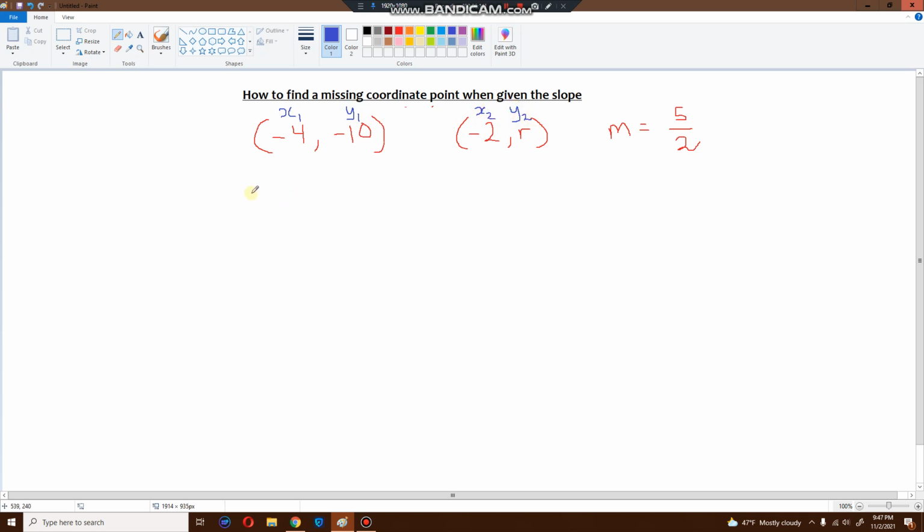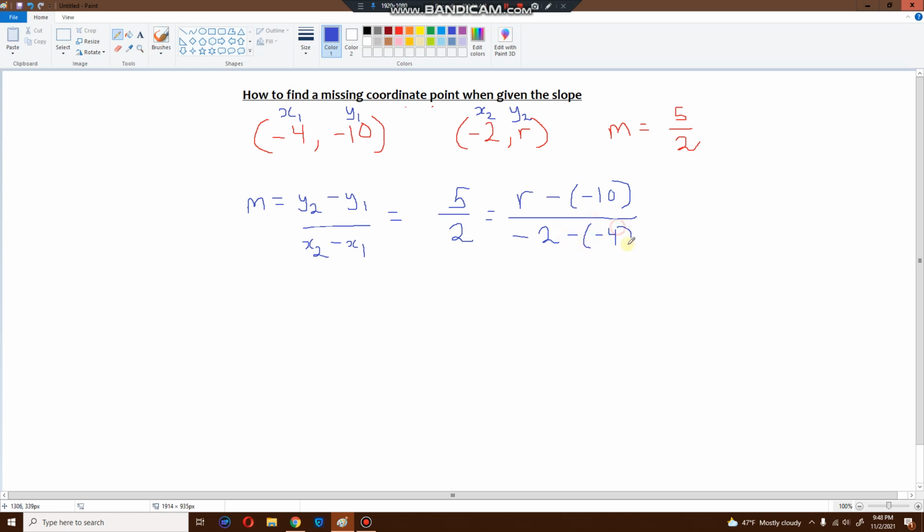Step 2, we're going to use a formula again. The slope is equal to y2 minus y1 divided by x2 minus x1. Step 3, you substitute. So I know my m is 5/2, my y2 is r, my y1 is -10, and you put that in parentheses, and my x2 is -2, and my x1 is -4.